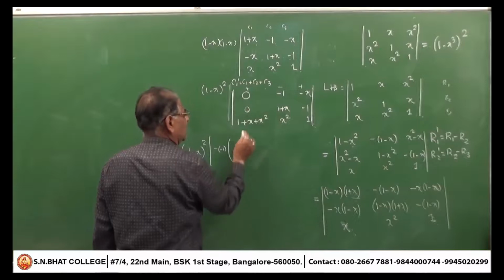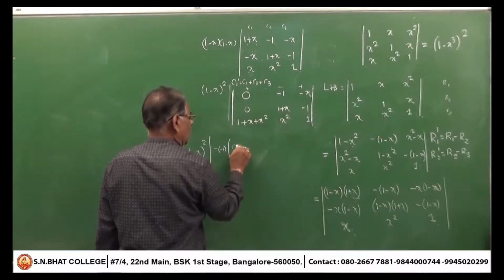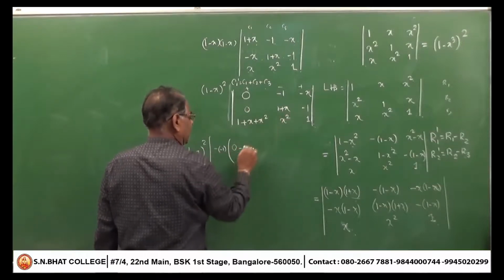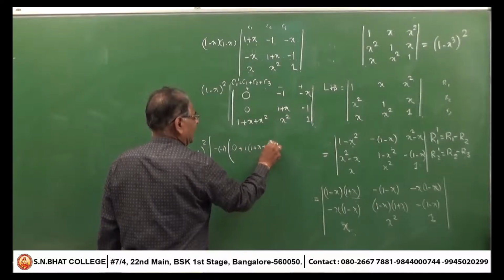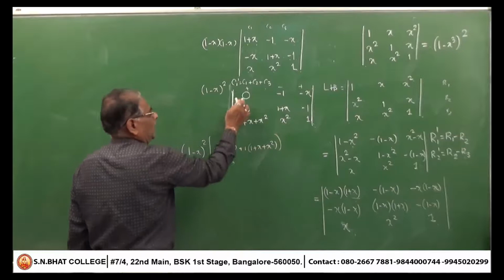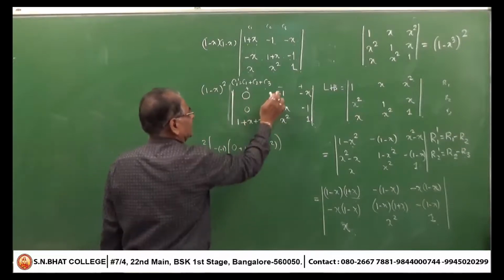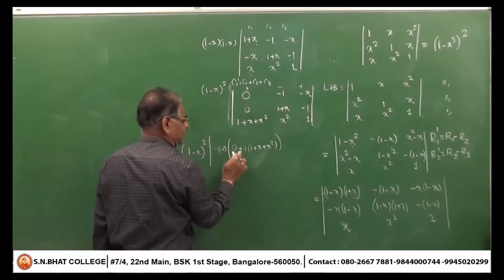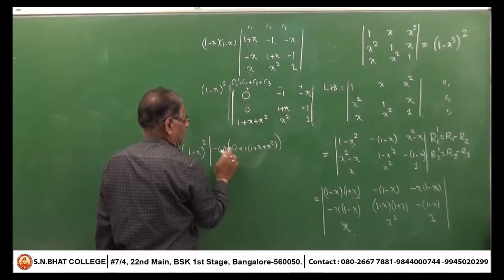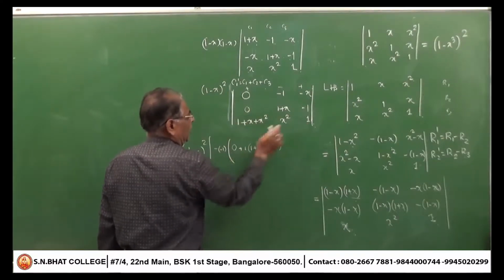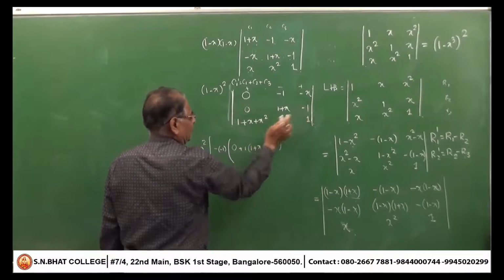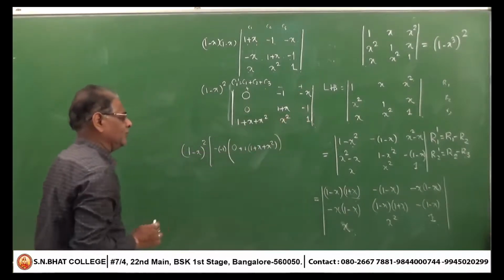This is 1, 0, minus of minus plus 1 into 1 plus x square. 0 multiplied by anything is 0.